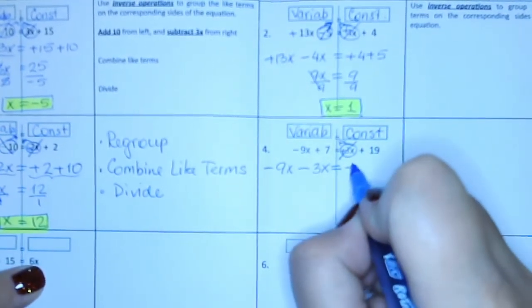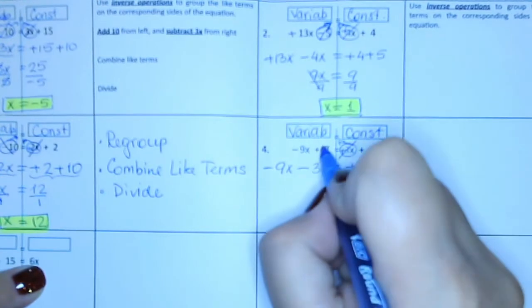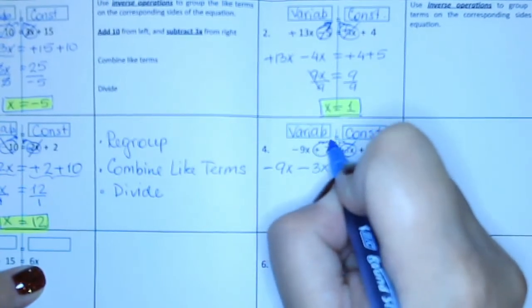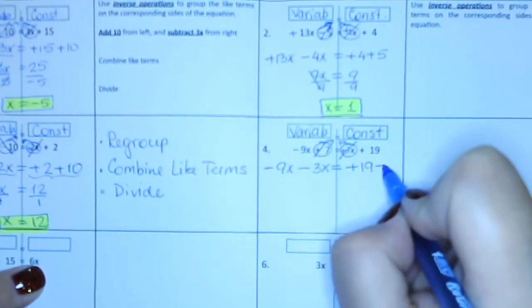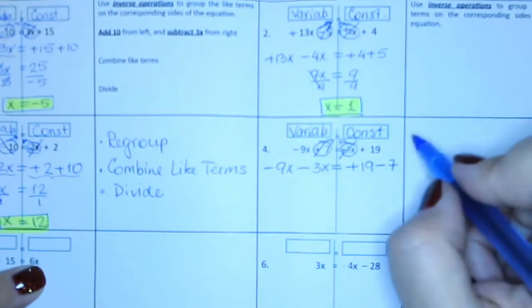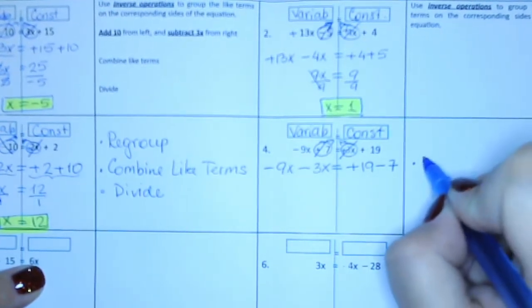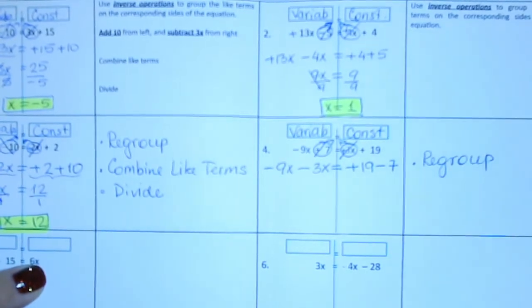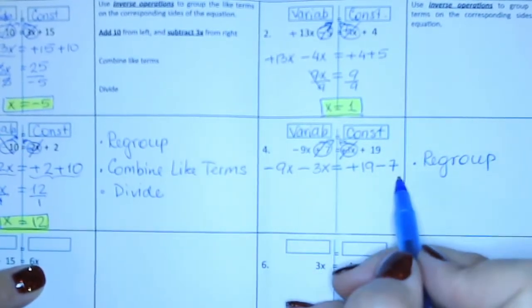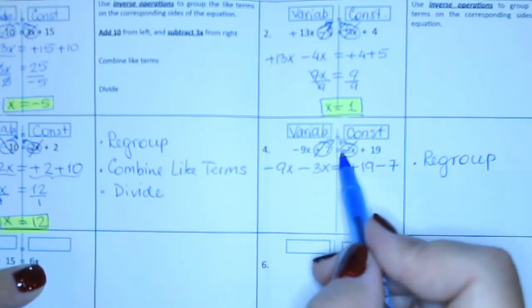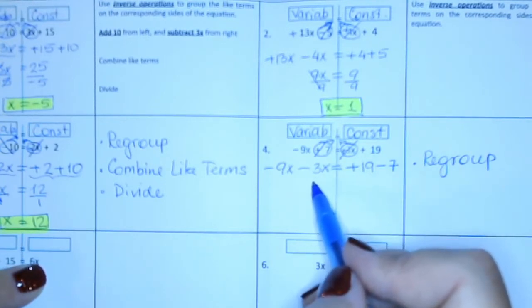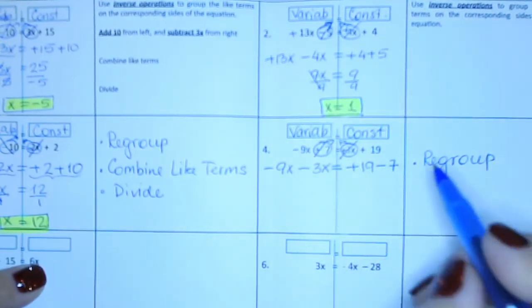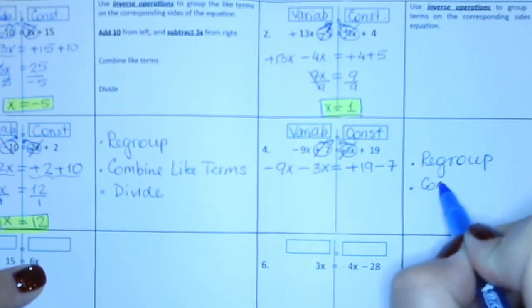Positive 19 here is a constant, and then I have a constant right here that doesn't belong, so I have to take it away, and that is called sorting or regrouping. Variables on one side, constants on the other. If we need to move from one side to another, we need to use inverse operations. After we combine like terms.